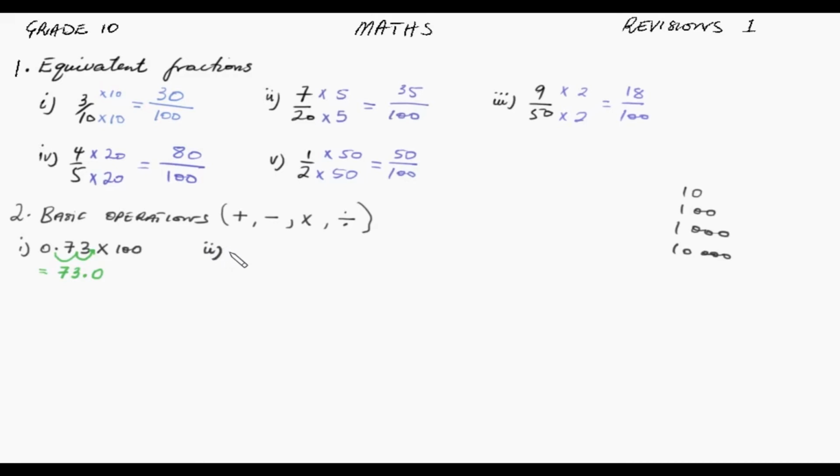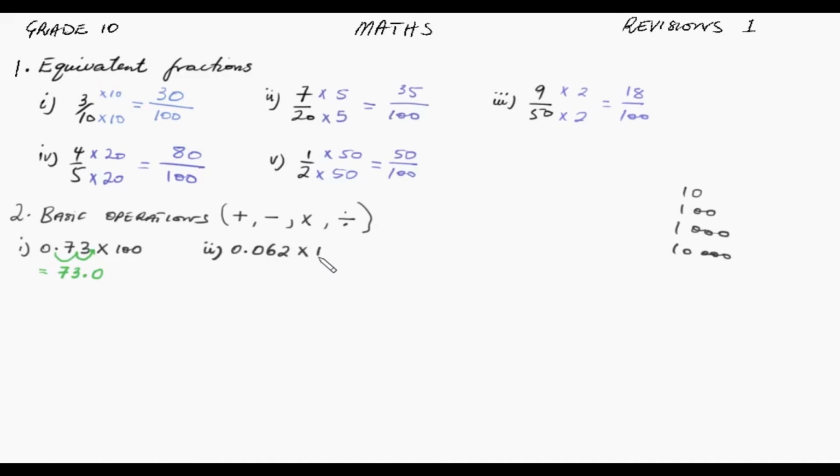Let's say we have 0.062, and then this now is multiplied by, say, by 100.